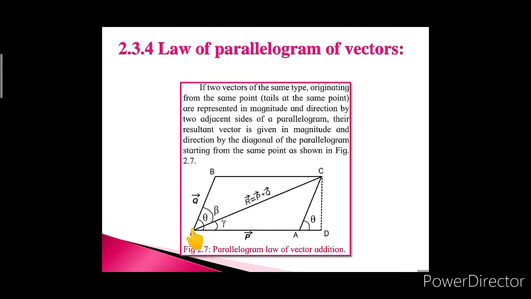So the resultant vector is given in magnitude and direction, and it is represented by the diagonal of the parallelogram. The magnitude represented by the diagonal of this parallelogram is nothing but OC, and the direction is also given by this diagonal.